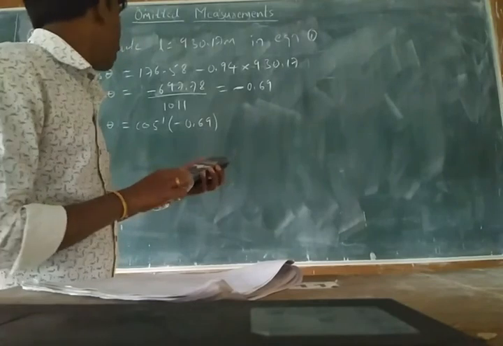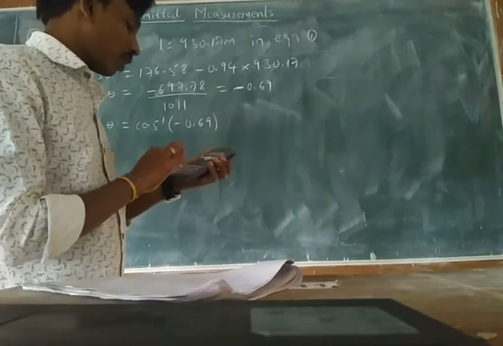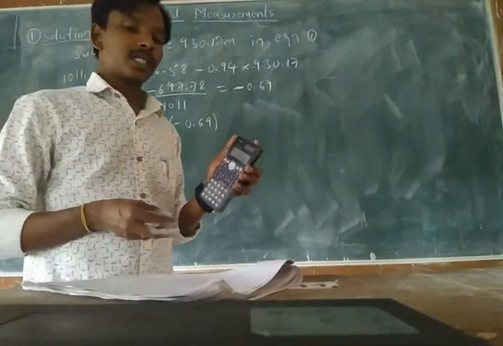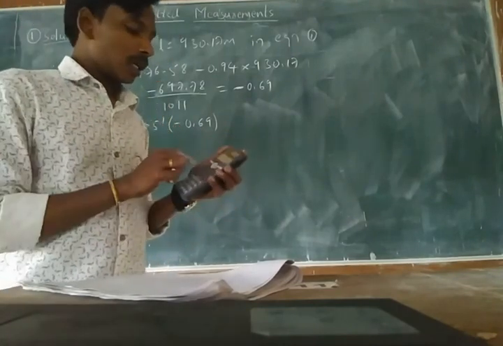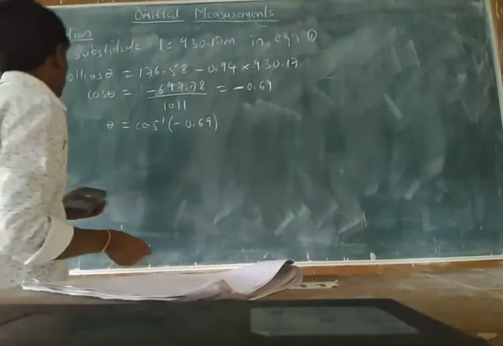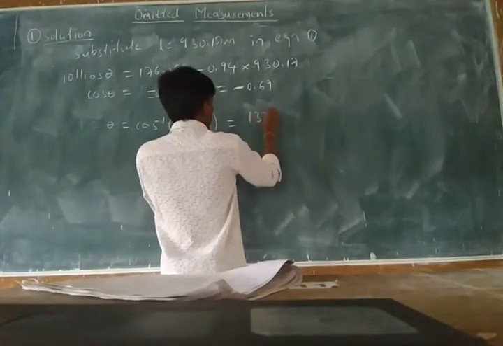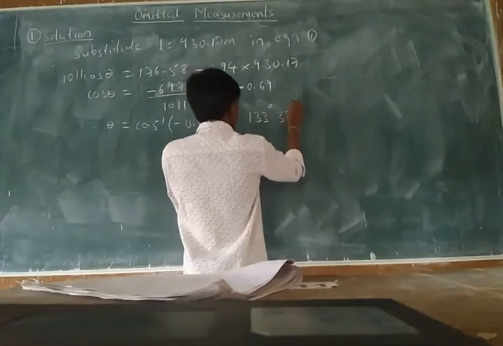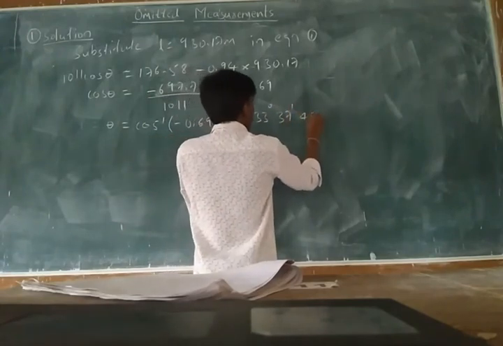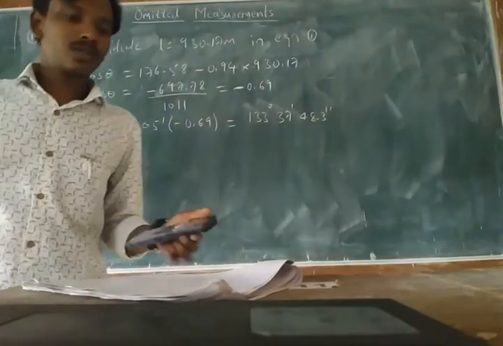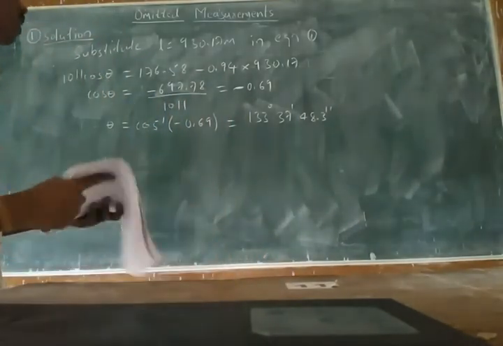Open the bracket, then type minus 0.69 and close the bracket, and you will get 133.63. Hit the degree button, and you will get the value in degrees, that is 133 degrees 37 minutes 48.3 seconds. So this is the theta.